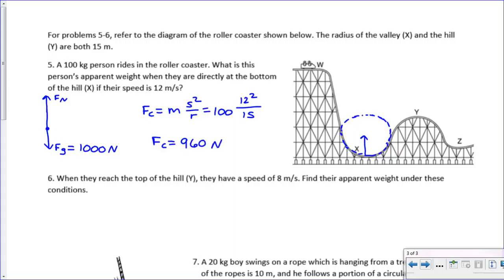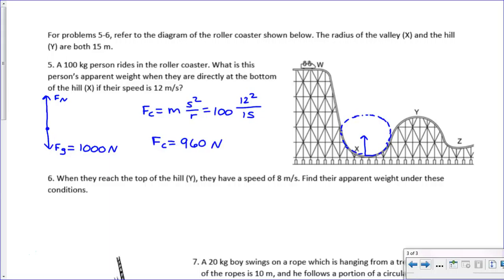Right, and then this asks for the apparent weight. Something important to remember about the centripetal force is that it's an unbalanced force. What it does is it tells us how unbalanced the forces are. So when we get an Fc of 960, it says that the up and down forces are unbalanced by 960 newtons, meaning there's a 960 newton difference between the upward and the downward force.